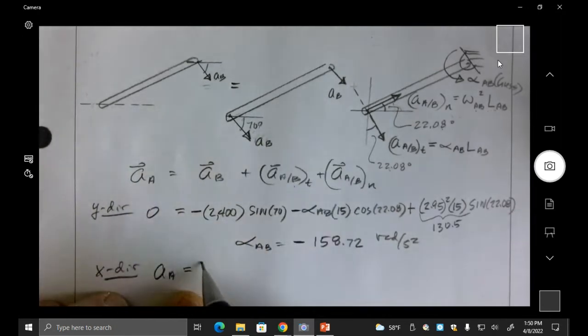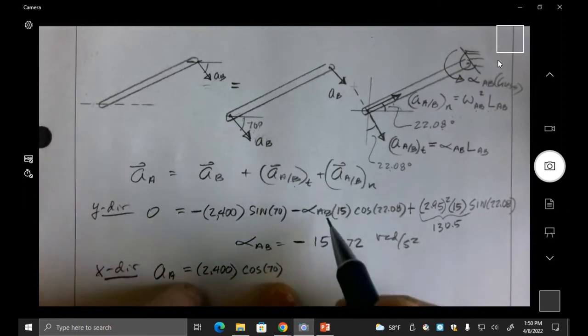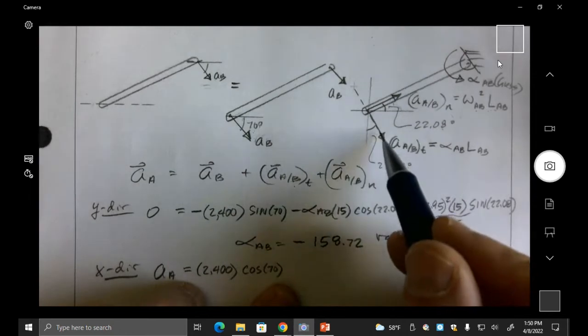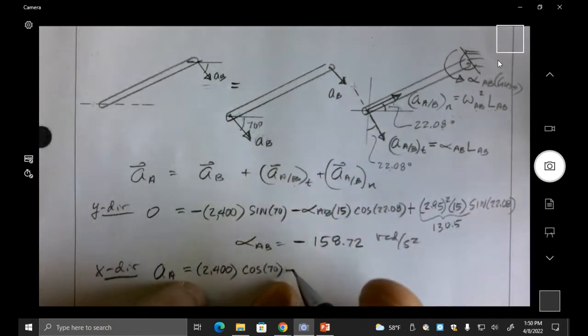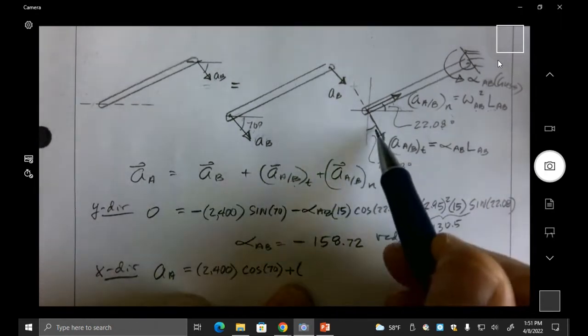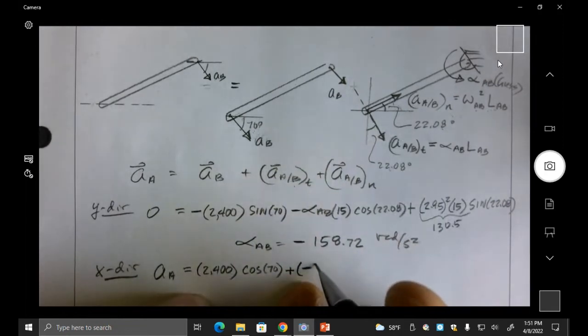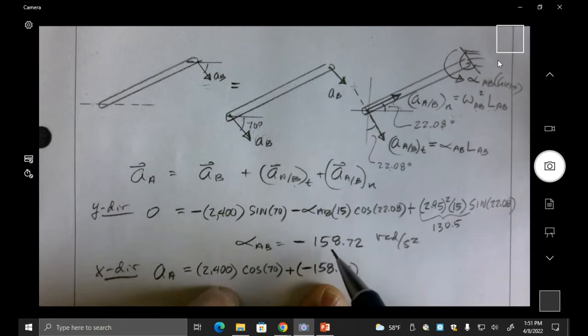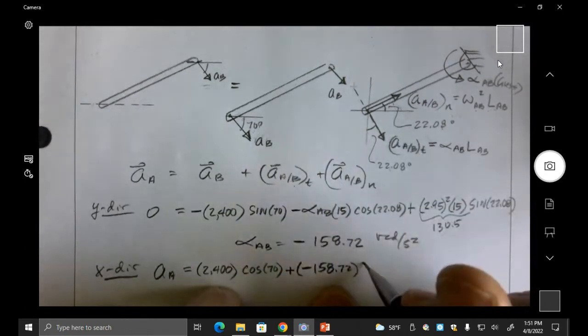So this, we're going to take that positive because it's in the positive direction. But now it's going to be the cosine of 70 degrees. And now this is drawn as positive, so I'm going plus right there. Right, so this is what we referred to earlier, like if we got the wrong thing. That plus means the diagram, but inside I'm putting the negative because I know that I got it, it's actually different from the diagram.